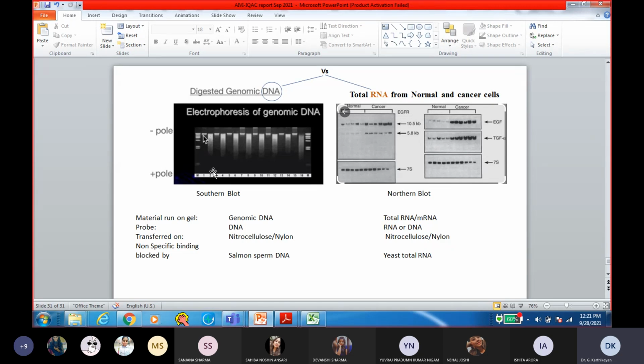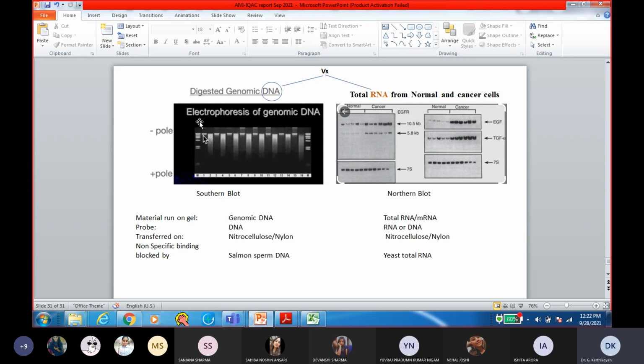It doesn't matter whether it is DNA or RNA, both of them are negatively charged because of the phosphate backbone, okay? And because all of them have a negative charge, they all will migrate towards the positive pole. And so you can separate DNA and RNA based solely on the charge, right?